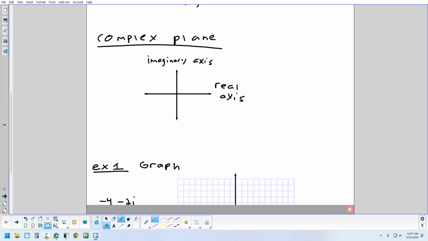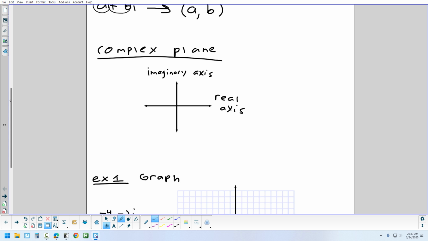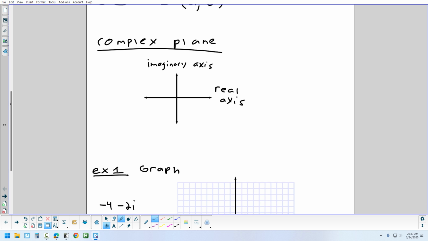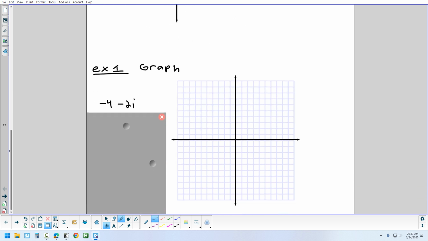All right, so let's graph negative 4 minus 2i. We just have to remember, real axis is horizontal, imaginary is vertical. So you look at your number, first identify the real part. What is the real part of negative 4 minus 2i? Negative 4.